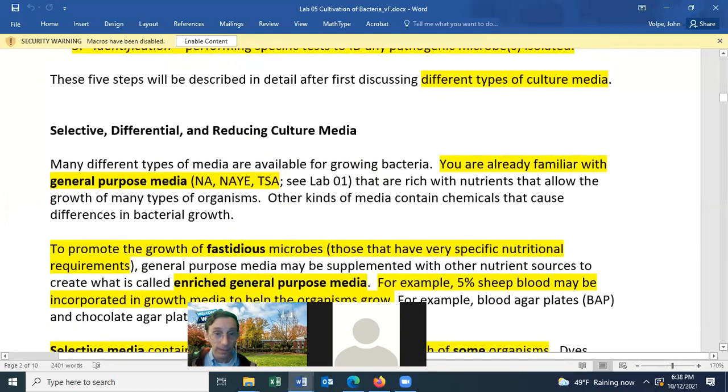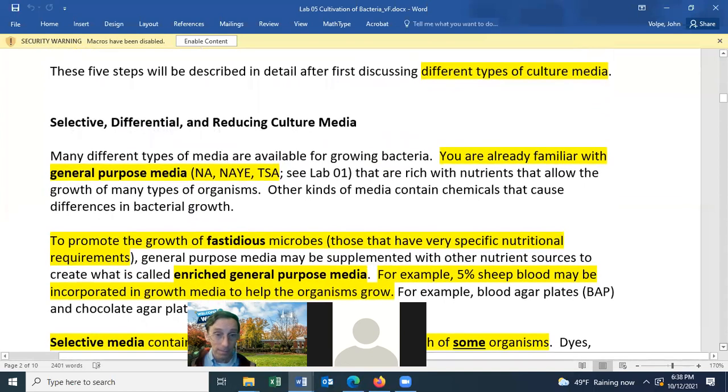There's selective, differential, and reducing culture media, as well as general purpose media. And we've already talked about general purpose media. NA, NYE, and TSA are all general purpose media. These media grow many organisms and they don't select for anything. They don't grow all organisms, but they're cheap and they grow many organisms.